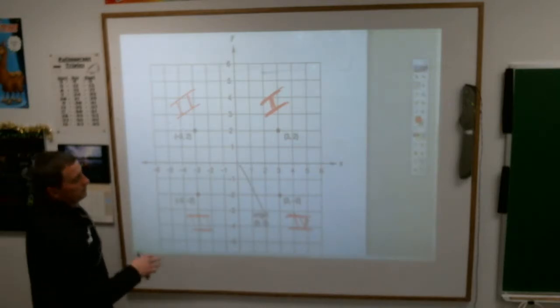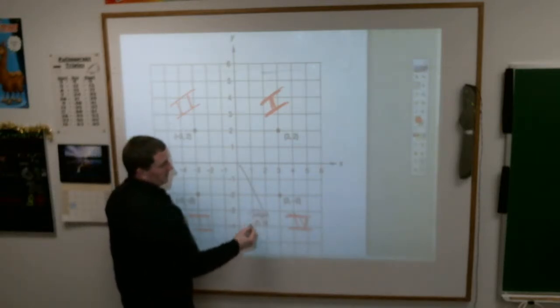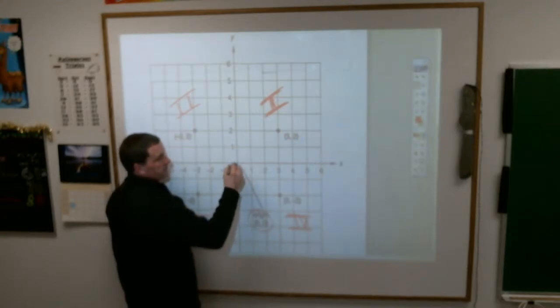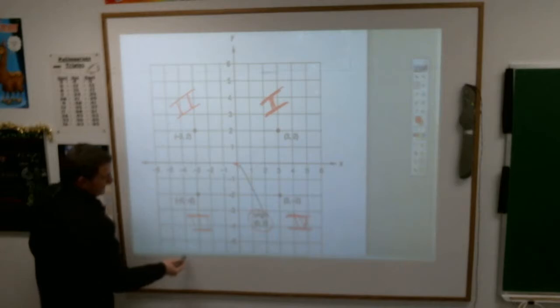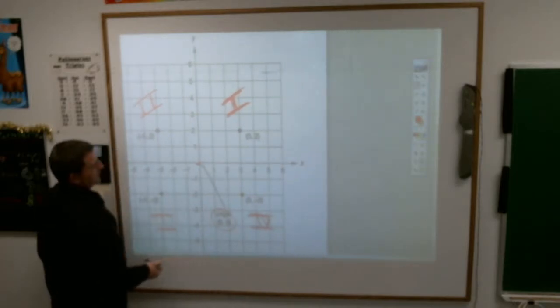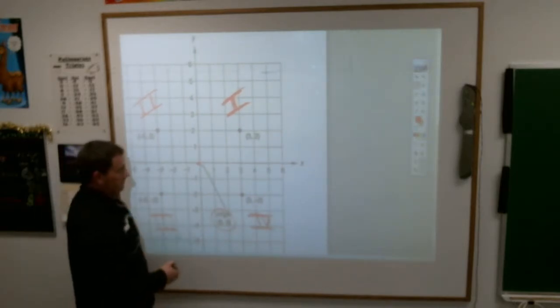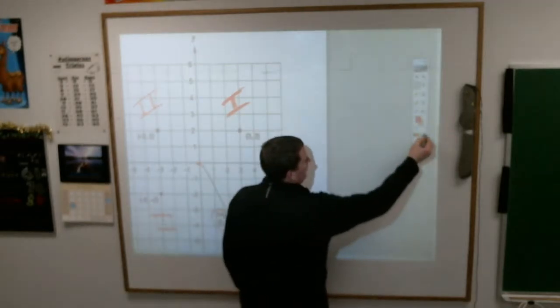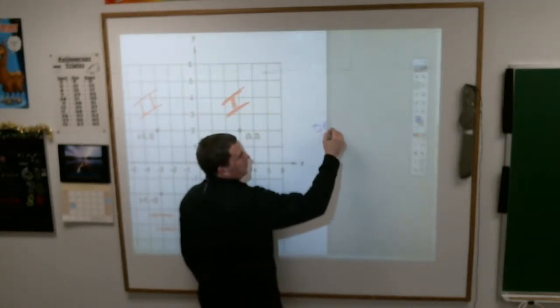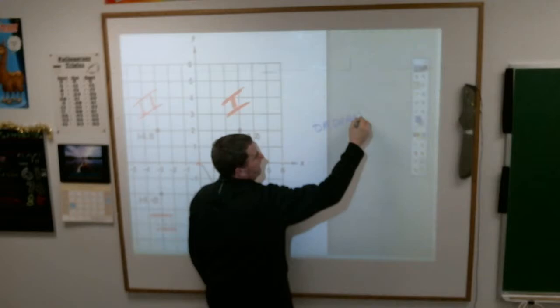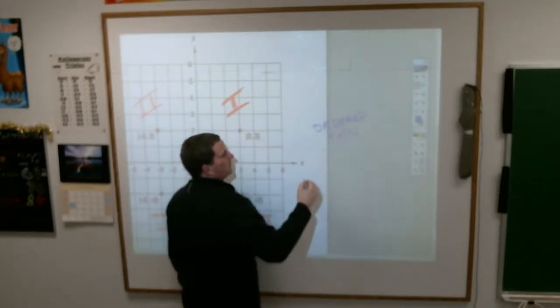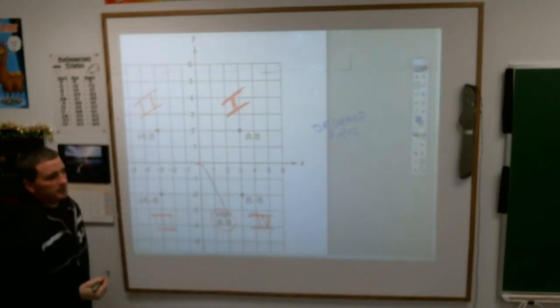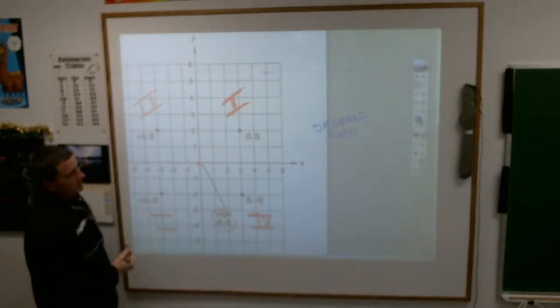Another term you need to know is origin. Right here, the origin is the point 0, 0. And in order to find points on a Cartesian coordinate system, we have what are called ordered pairs. They're called ordered pairs because the order of them is very important.